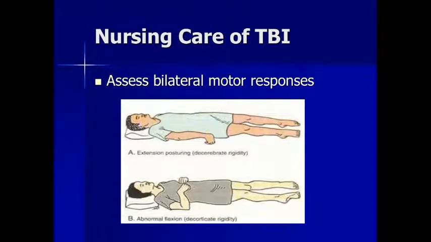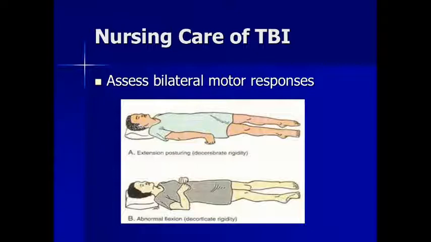On to this next. So, this first picture shows the decerebrate posturing. Everything's extended. All the extremities are extended. And if you notice, the wrists and the hands are rigid and flexed. When you look at decorticate rigidity, you're looking at the lower extremities being rigid and flexed, or rigidly flexed.